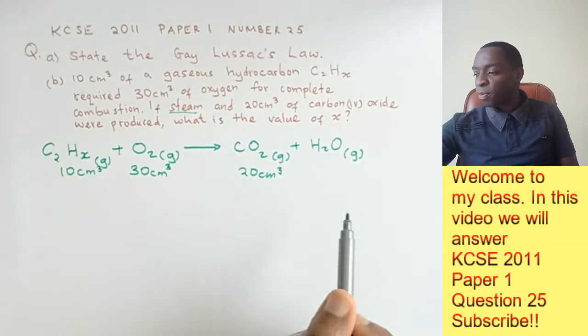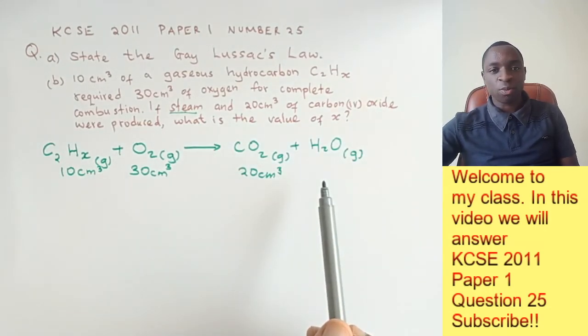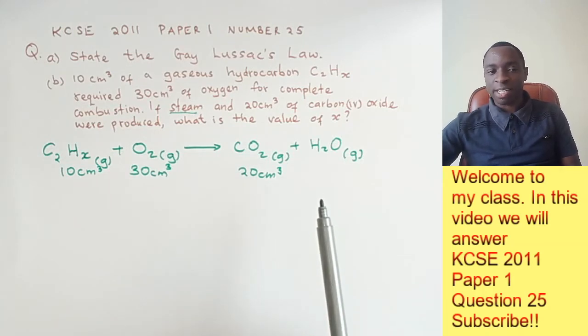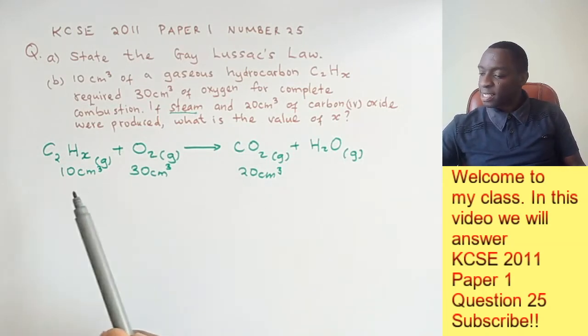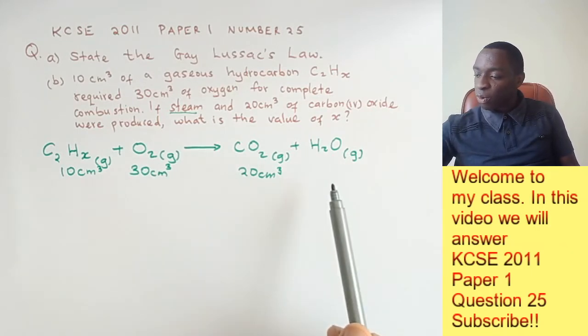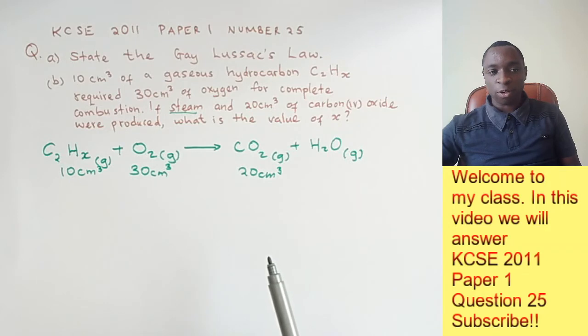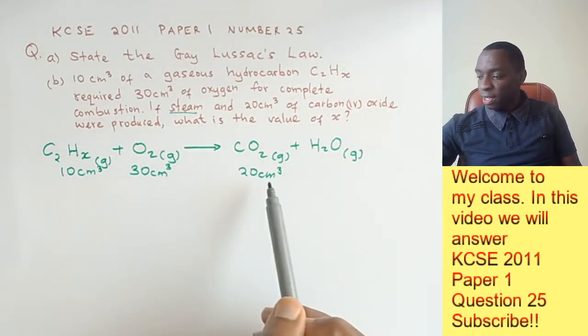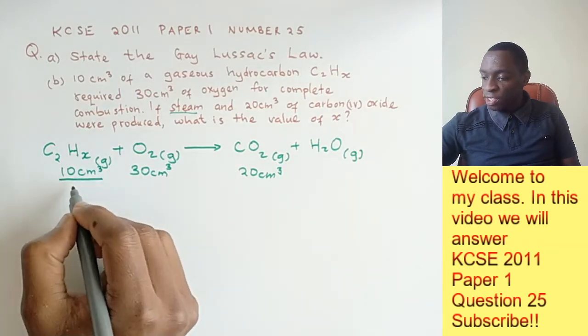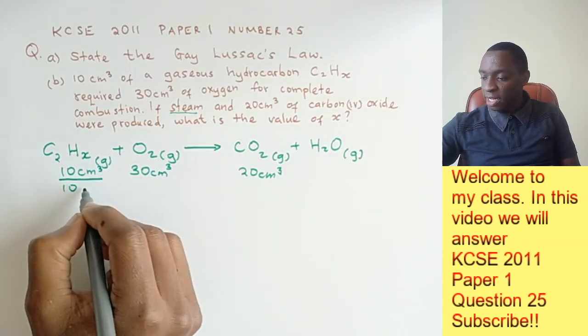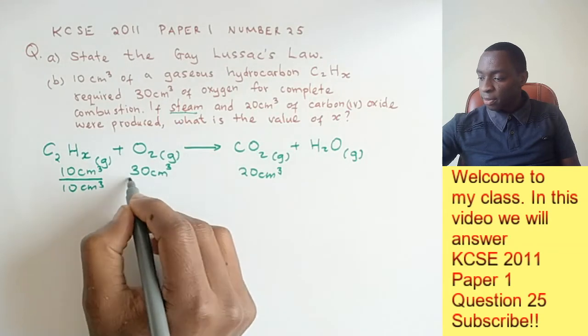As you can see, we've not been provided the amount of steam that was produced. So we shall use the volume ratios to try and predict that. Since we are talking about Gay-Lussac's law, we get the simplest ratio for all these volumes. We divide by the smallest volume number. Among all these three, we have 10 as the smallest. So we divide everything by 10 cubic centimeters.